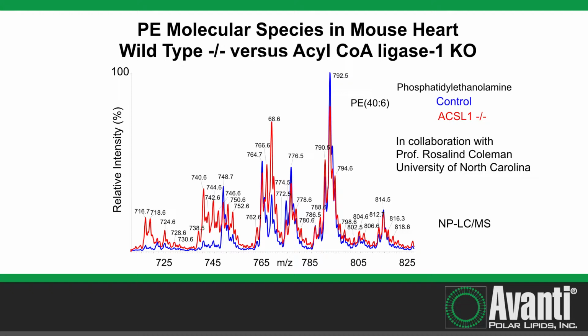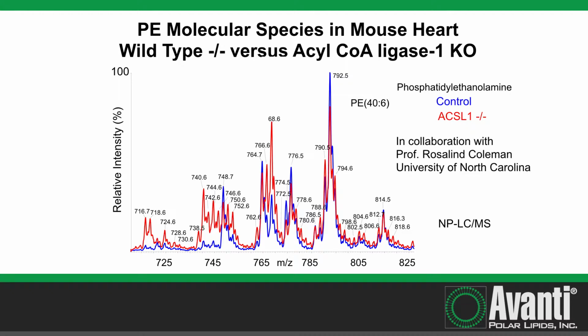So let's say you have an experiment where you think that you may have a drug which is changing the Lands pathway of phosphatidylethanolamine reacylation, and you want to look at the effect of the drug at different doses, and you want to be pretty accurate in what changes there are.